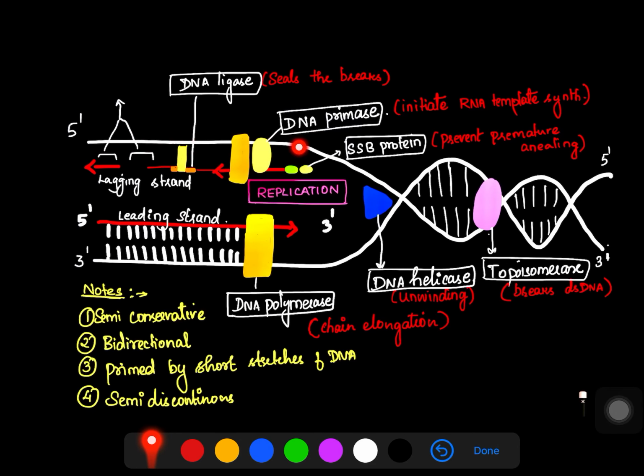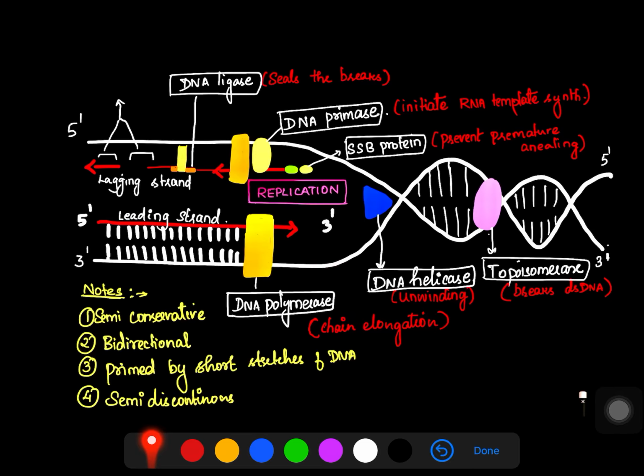The 2 strands unwind and become 2 single stranded DNAs. Each single stranded DNA synthesizes one more strand to form a double helical structure. That is the replication process.